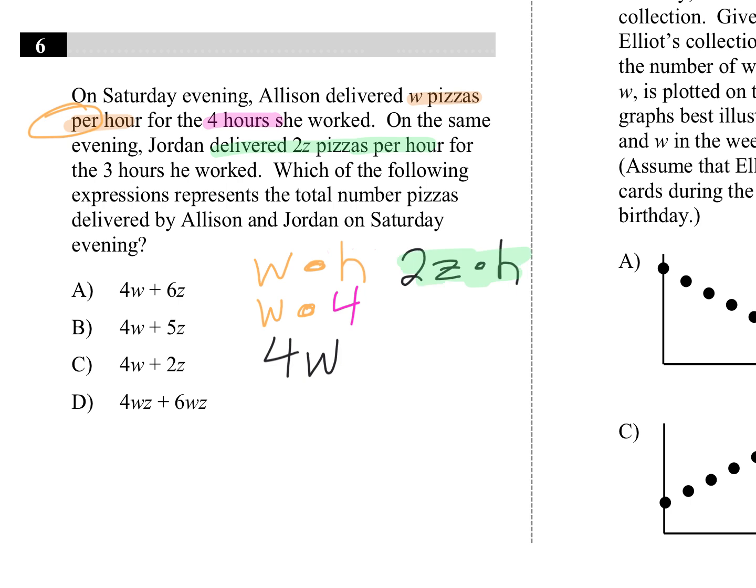Then it told you that he worked for 3 hours, so we're going to replace this H with 3. And 2 times 3 gives us 6. So his total is going to be represented by 6Z. So both of those match up with A, because we've got our 4W and we've got our 6Z.